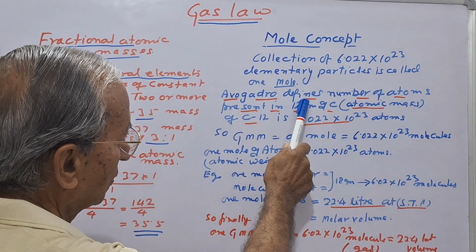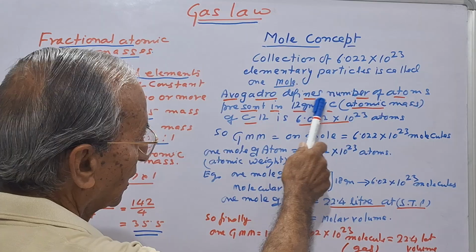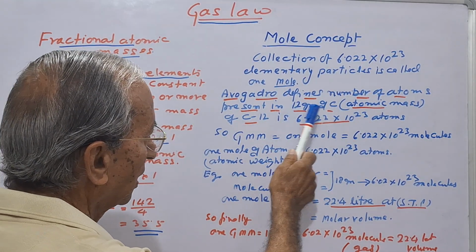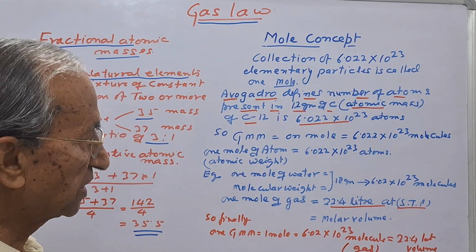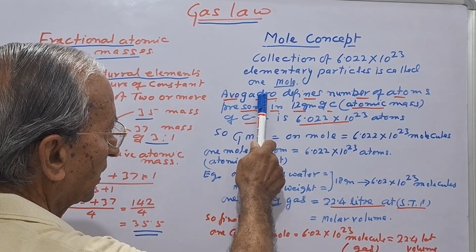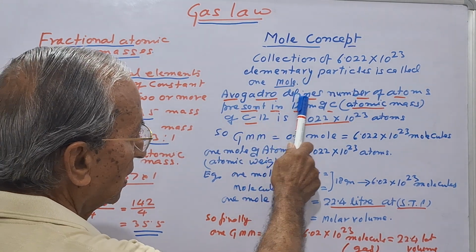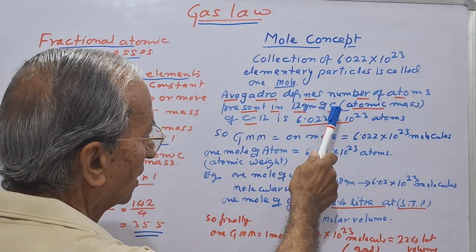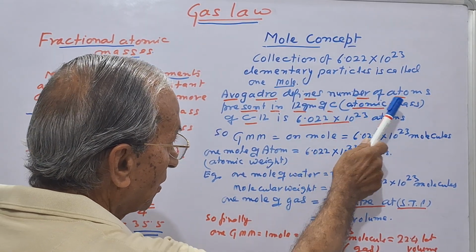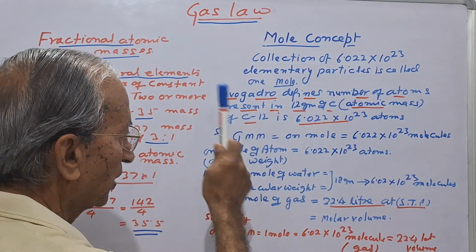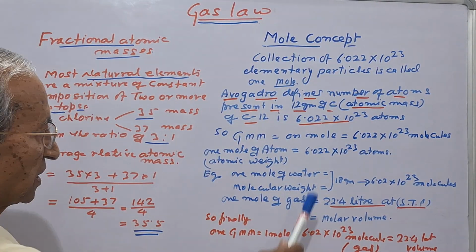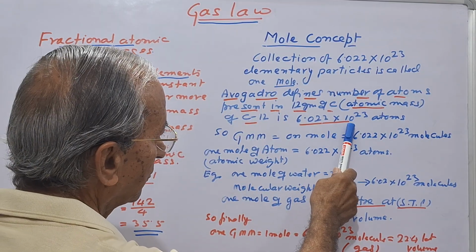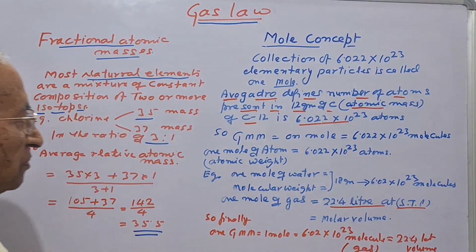Now Avogadro defines number of atoms present in 12 gram of carbon. You say, Avogadro defines number of atoms present in 12 gram of carbon, that is atomic mass of carbon 12, is 6.022 into 10 to the power 23 atoms.